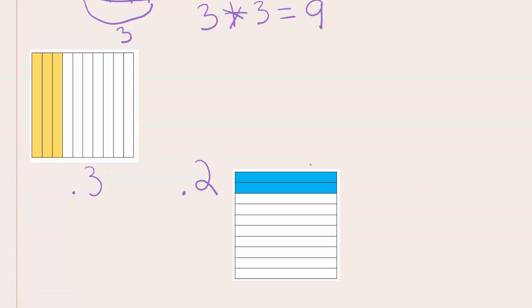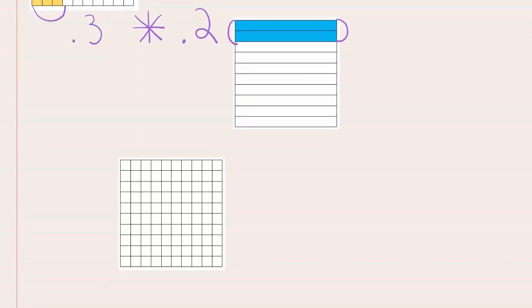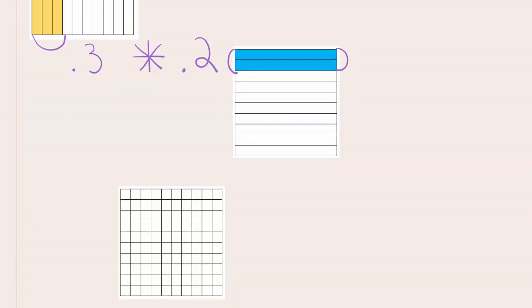Now, when we go to multiply these two together, we're going to think about making a rectangle that is this wide, 0.3 wide, and this tall, 0.2 tall. So let's go ahead and draw what that would look like in our new box. So in this new box right here, I'm going to start with drawing my 3 squares wide rectangle.